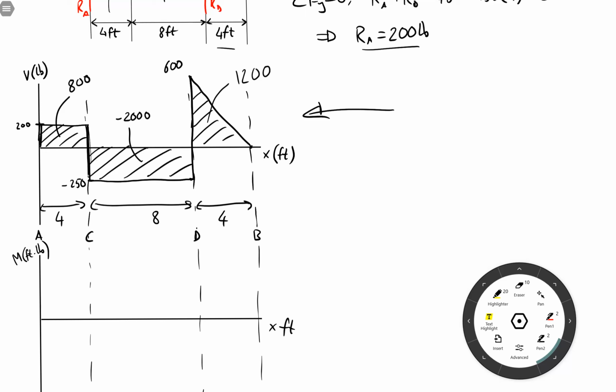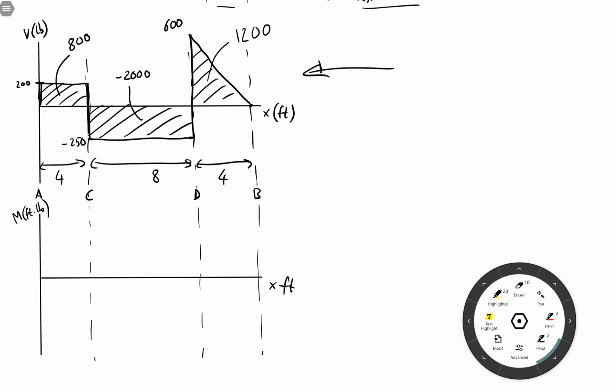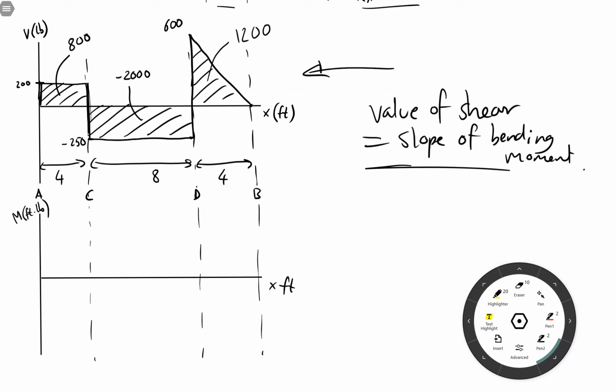So to go ahead and draw our moment graph, let me just write this down. The value of the shear is giving us the slope of the bending moment, yeah? So that is going to be key for us. We found those areas under each part of the curve. Between A and C, we don't have any applied bending moment at A, so that should start at 0.